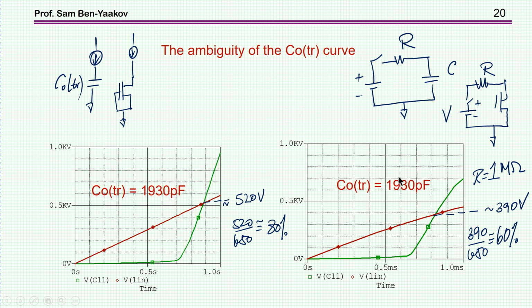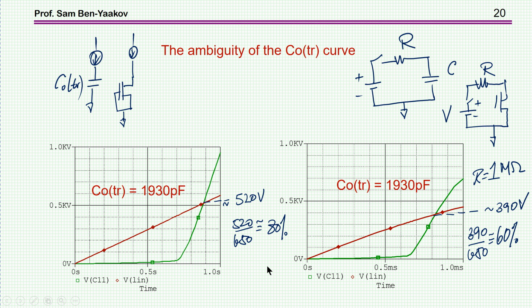So this is the wrong value of the time-related equivalent capacitance for this case. This is actually not too bad, and we can tolerate it because in actual power conversion circuits, many times the charging is by a current source. A large inductor with a current in it is like a current source. So this is a pretty good approximation.